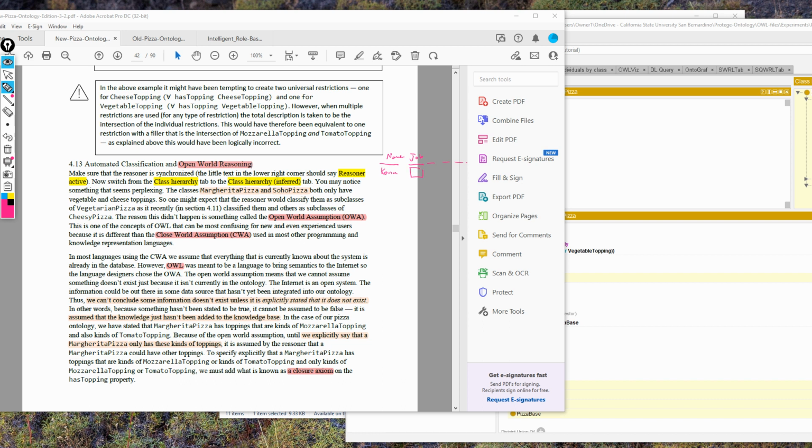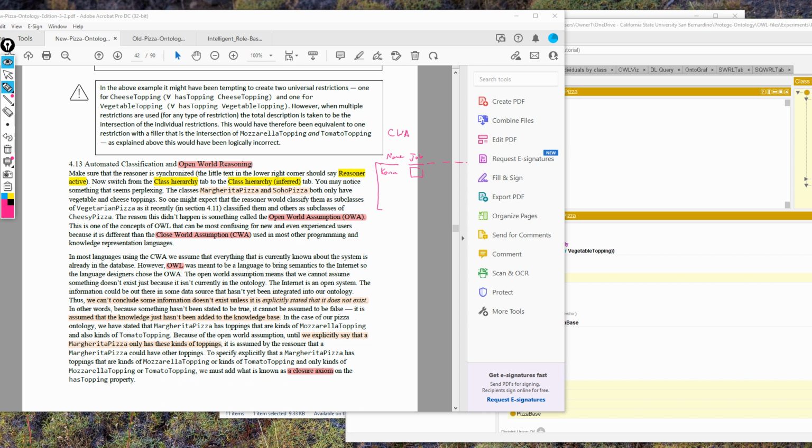There's nothing there. If this is in your database, we assume that Kevin does not have a job, because there's nothing, it does not exist, so it's false. That's the closed world assumption.